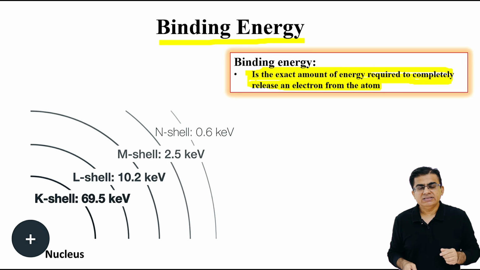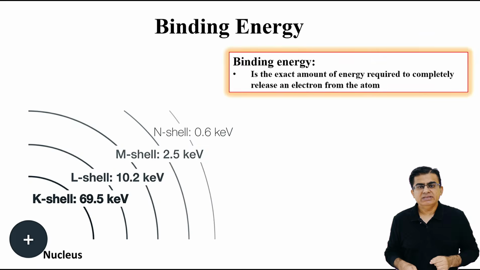Think of it as a strong, invisible, attractive force acting between the positive protons in the nucleus and the negative orbiting electrons. There are two major factors that determine the exact strength of this binding energy.